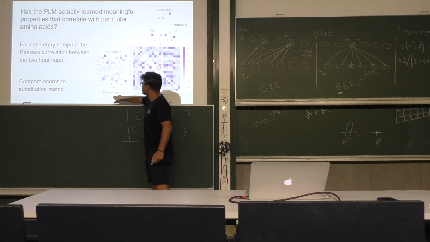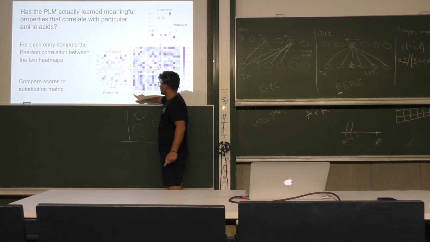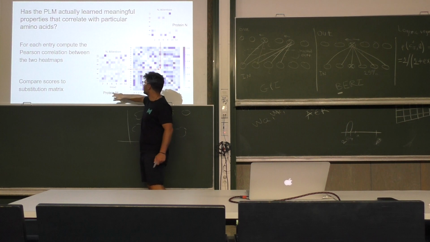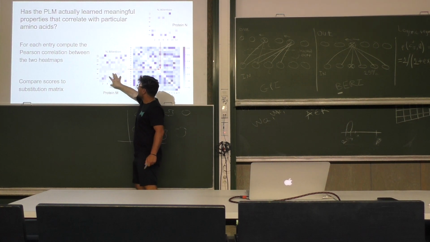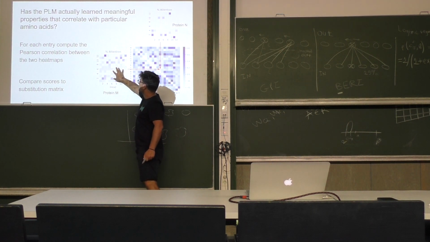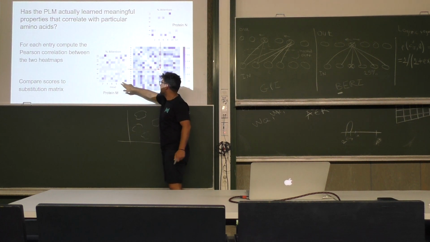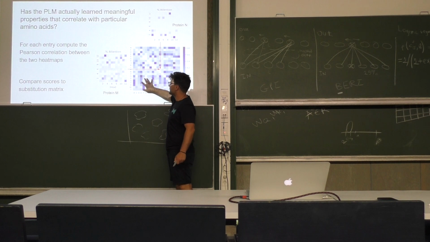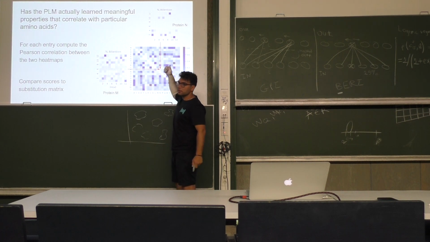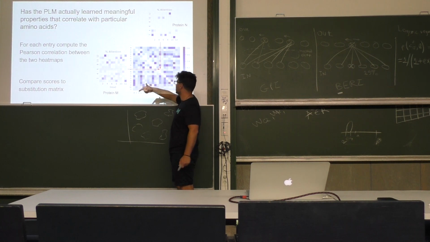Yeah, this is amino acid, and this is like 20 by 20, so the 20 amino acids. Sorry for the mistake. You create a general heat map for all the data sets, and then you can correlate two heat maps from different proteins and get another heat map which would be the pairwise relationship between all the amino acids with a given transformer for all your test set.